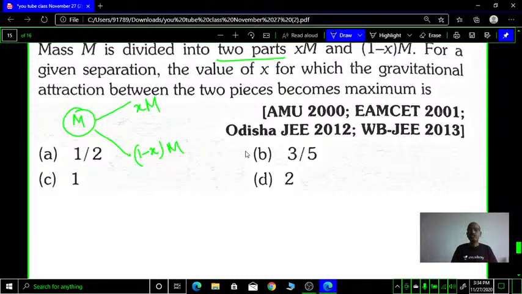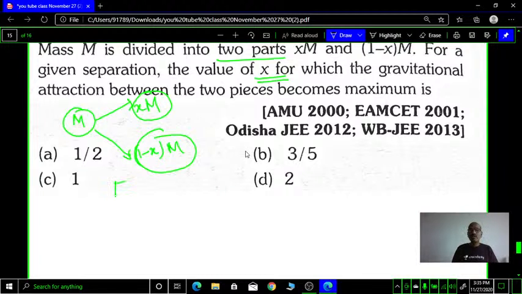For a given separation, find the value of x for which the gravitational attraction between the two pieces becomes maximum. If the gravitational attraction becomes maximum, the condition is the derivative of the force, df by dx, should be 0. So here m is divided into two parts. This is considered as one mass, this is considered as another mass.